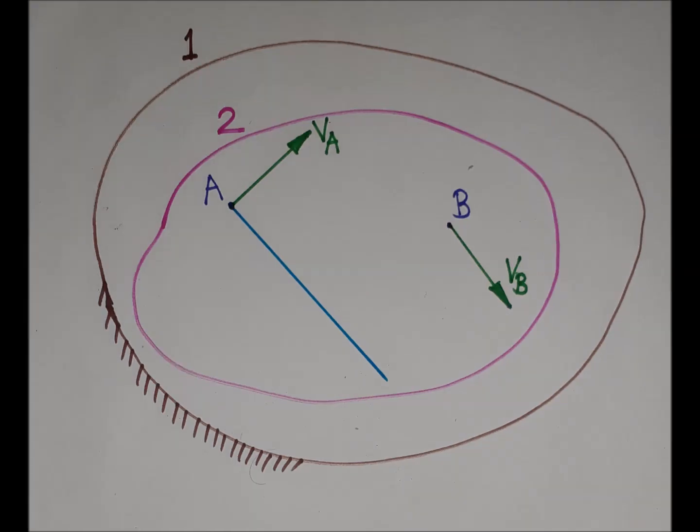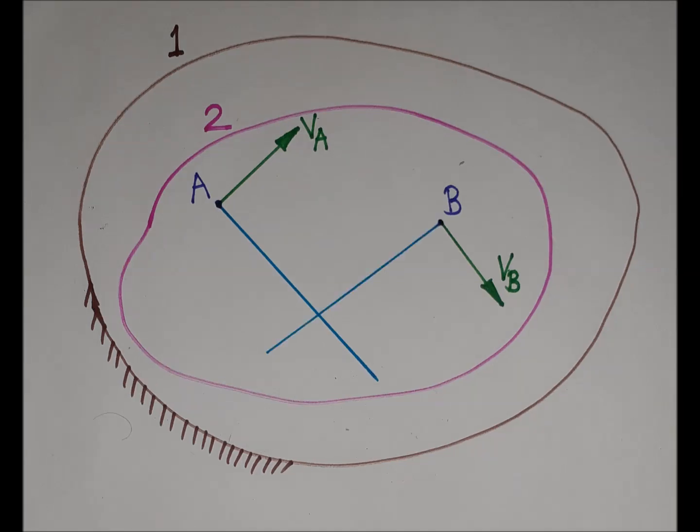To locate I12, we have drawn a line perpendicular to VA. Somewhere on this perpendicular line we will have ICR I12, but where it is, we don't know. Now we will draw a line perpendicular to VB. On this perpendicular line as well, we will have ICR I12, but where, we don't know.